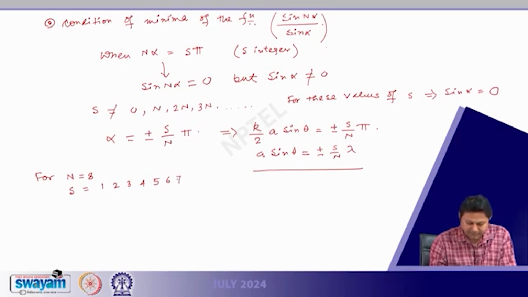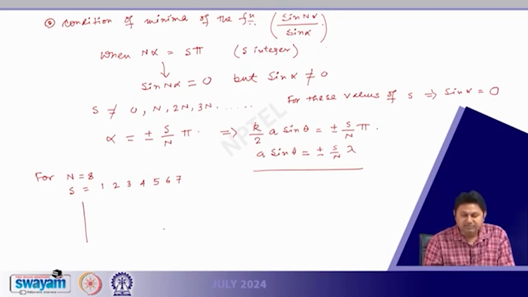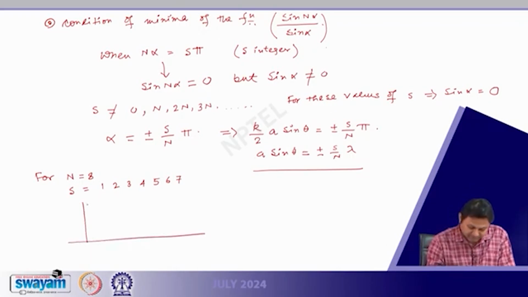It should not have the value 8, it should not have the value 16, etc. So, that means if I have 8 slits, because n determines the number of slits, then we get a spectrum like this.